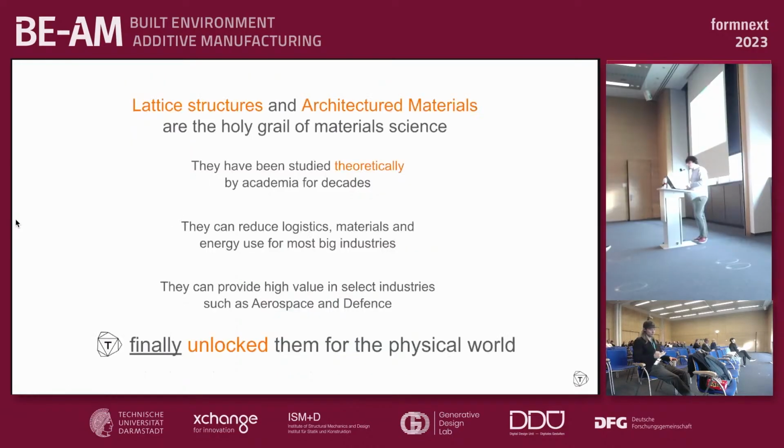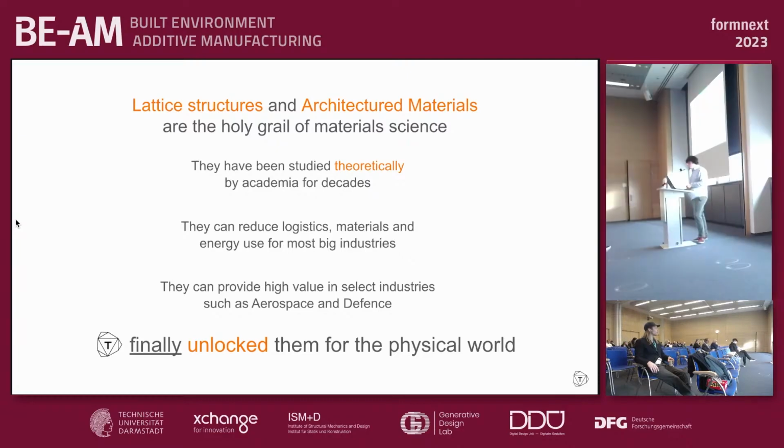Just introducing the second part of my talk. Those lattice structures and, as a more general case, architectured materials are the holy grail of material science. They're the best materials you can think of, but they have been studied mostly theoretically. Their impact on the way industry works and on the economy is gigantic.